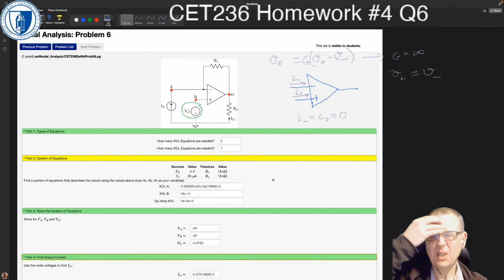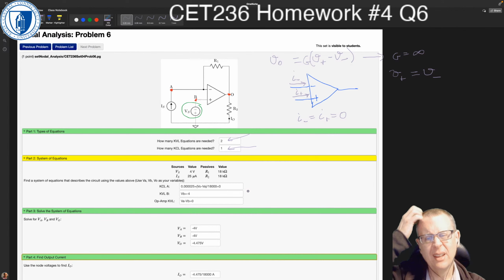Okay, so let's have a look at what that means. That means we have two KVL equations and one KCL equation. The KCL equation is going to be for node A. It's going to be IS, which is 25 microamps, and then the current flowing in this way is going to be V out minus VA on R1.